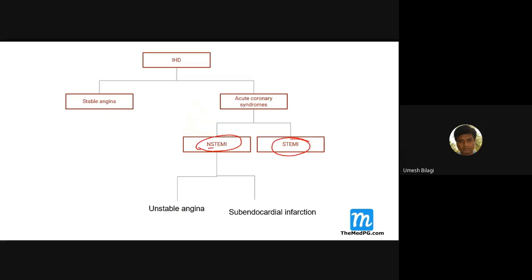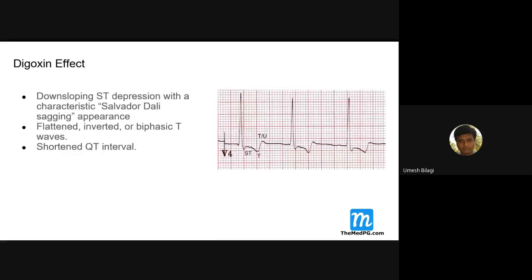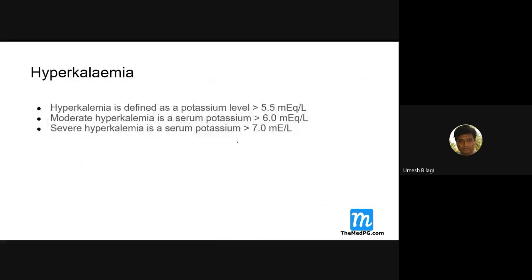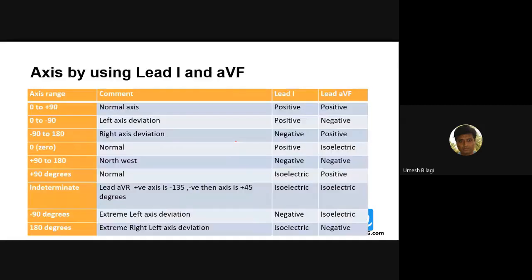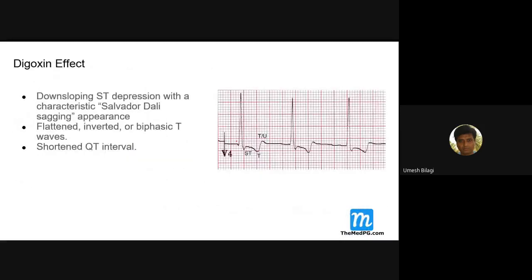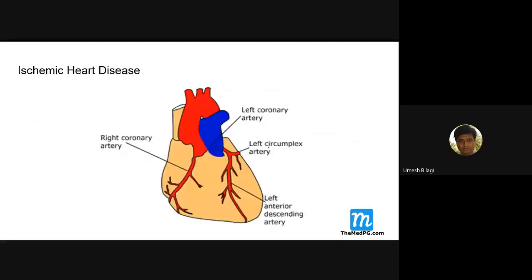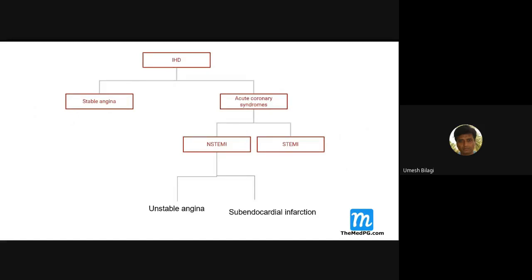This is non-ST elevation MI. This classification is basically based on the ST segment. If the ST segment has gone up or gone down, depending upon that, the acute coronary syndromes are divided. If the ST segment has gone up, then it is STEMI. If not gone up, then it is NSTEMI.